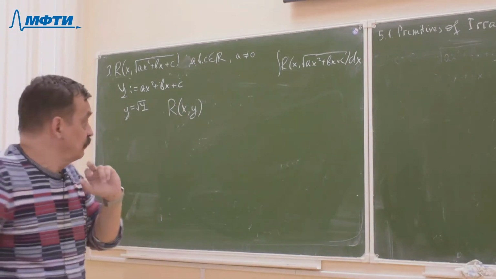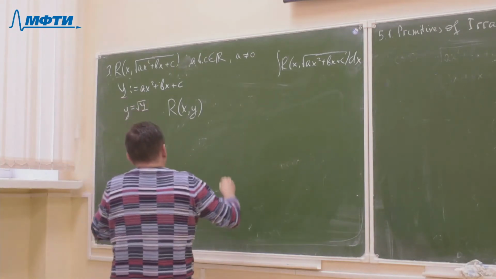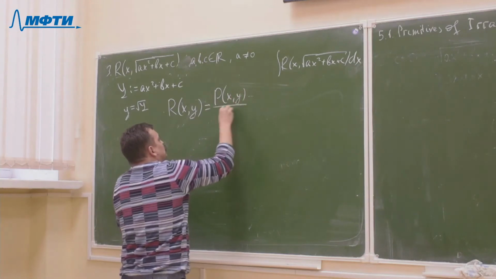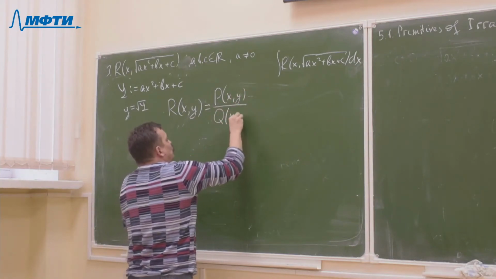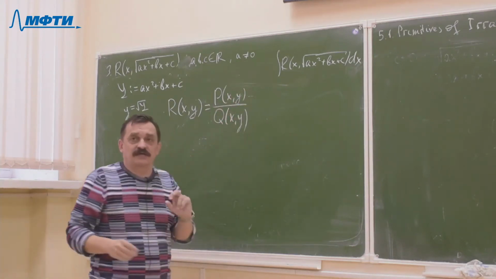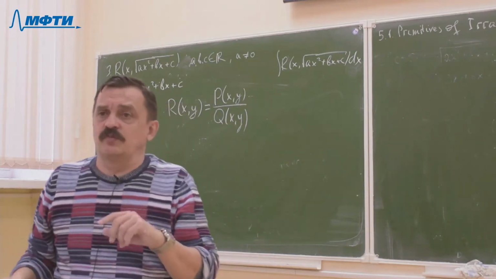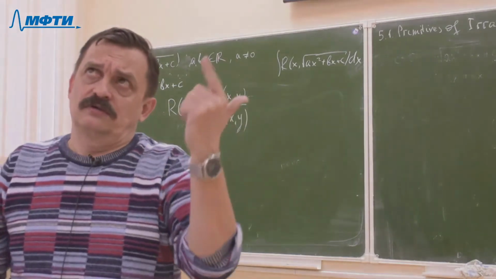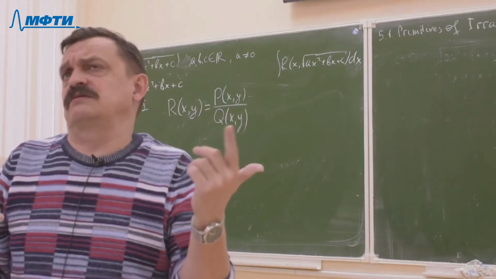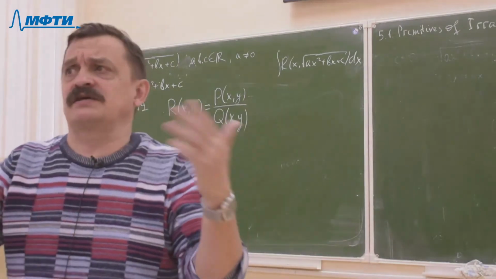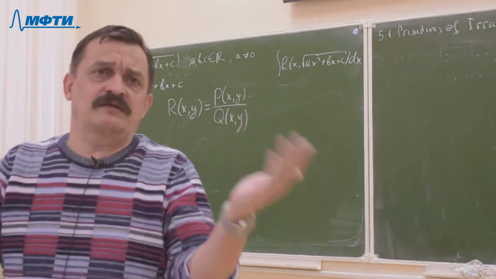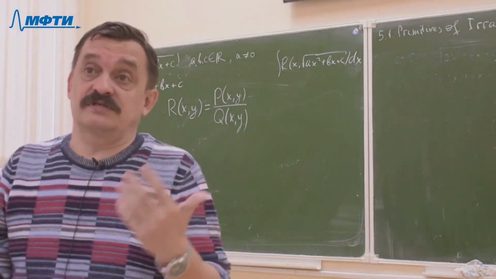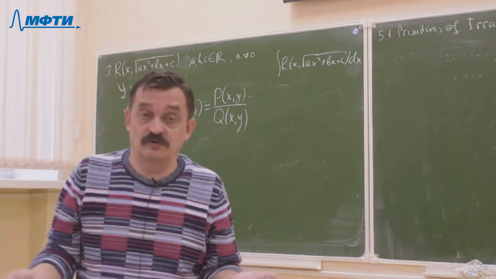That is a polynomial of both variables x and y over another polynomial of variables x and y. So a polynomial of two variables means you should take some powers of x, some powers of y, and multiply them, sum them, and add the results with some coefficients. That is a polynomial, right?